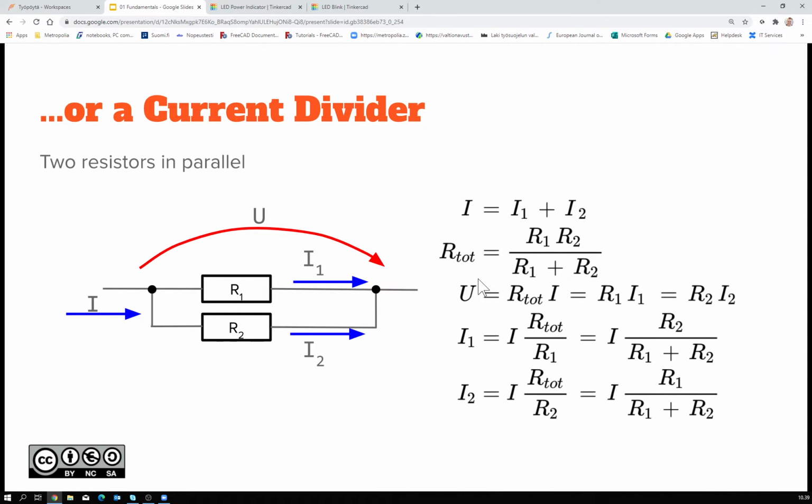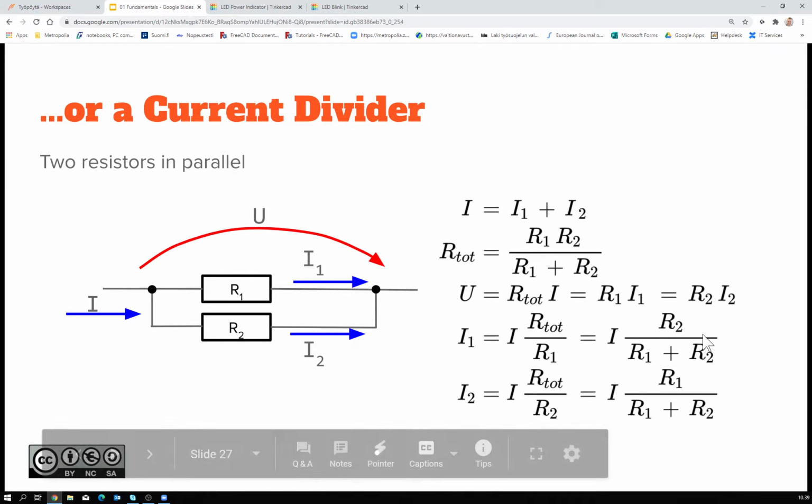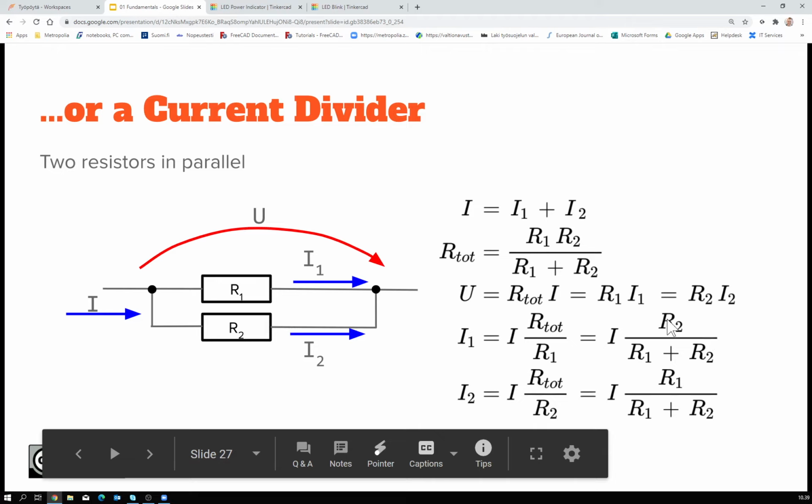This also works as a current divider. Here we have I1 and I2. Using Ohm's law, we can find that I1 is proportional to R2 divided by the sum of the resistors, and likewise I2 is proportional to R1 divided by the sum of the resistors.